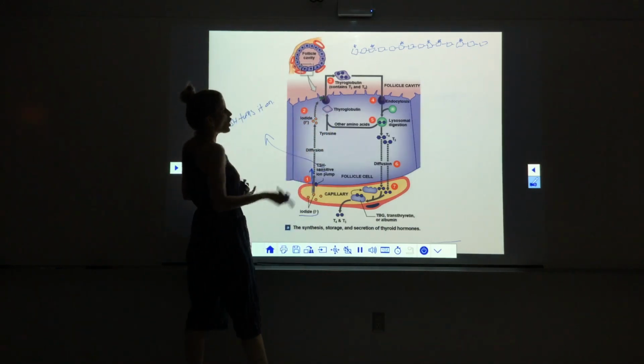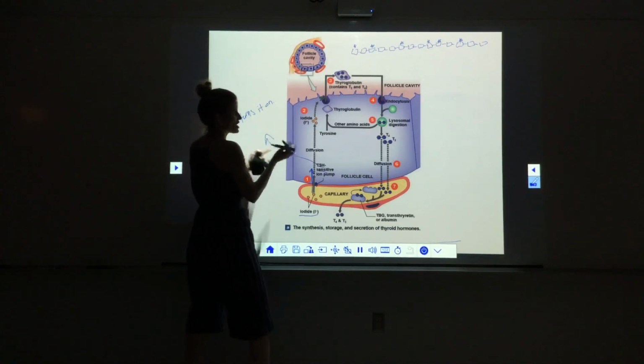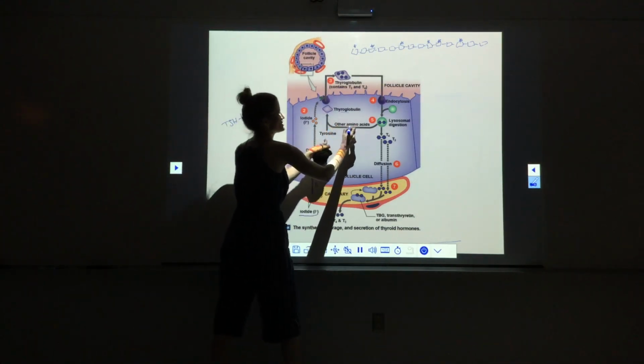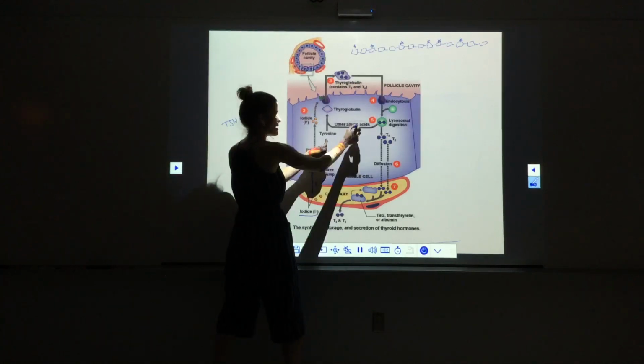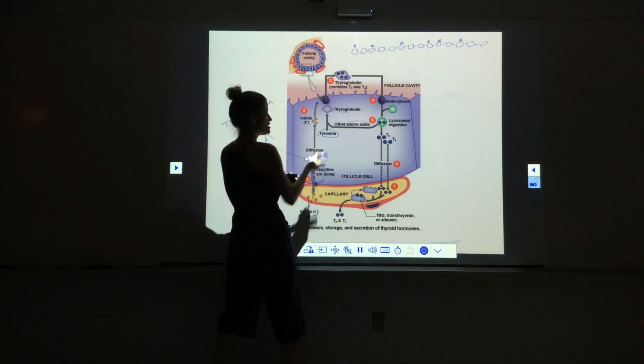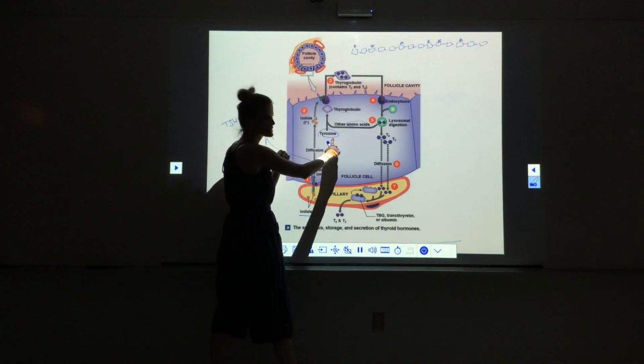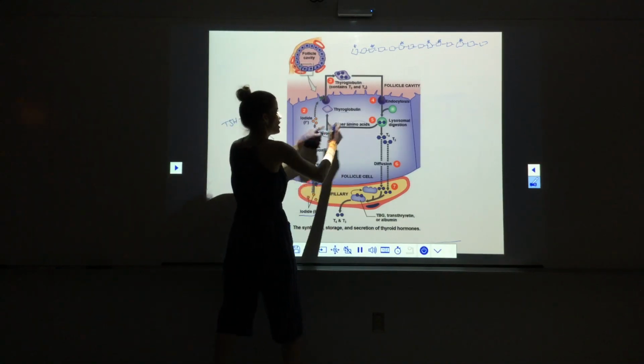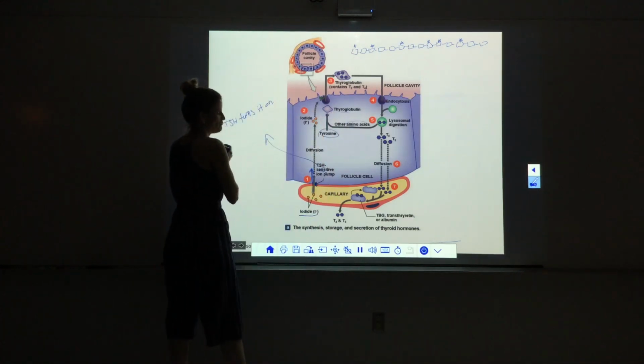The TSH is also going to stimulate the production of our thyroglobulin. Okay, so you'll notice here we're going to recycle amino acids later, but we combine amino acids with tyrosine because we said that thyroglobulin has a lot of tyrosine. Right? Tyrosines are a really important amino acid for thyroid. And we make more thyroglobulin.